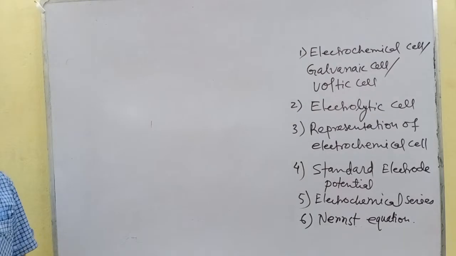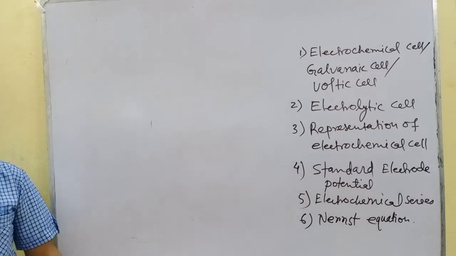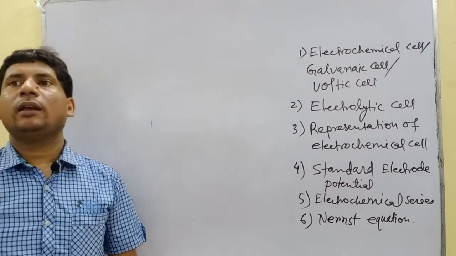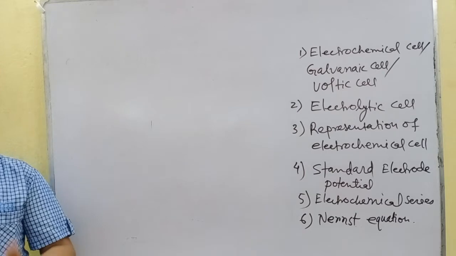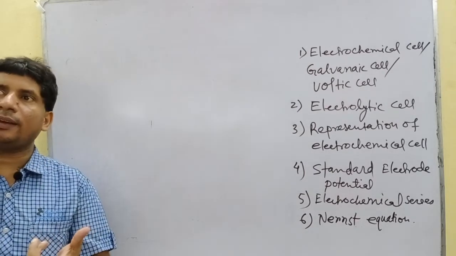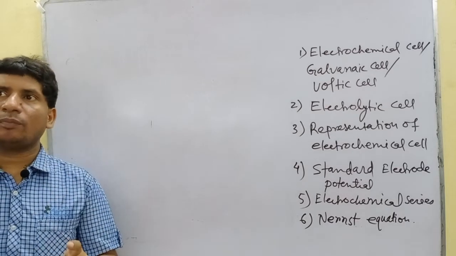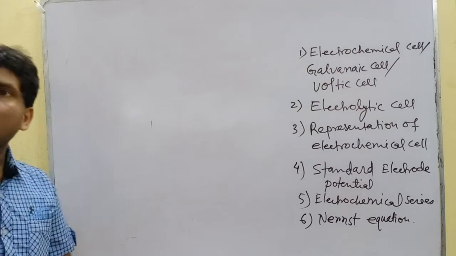Now what happened? Standard electrode potential. What is the standard electrode potential? If the concentration of ions is unity, at 25 degree centigrade and the pressure is 1 atm, then the electrode potential is known as standard electrode potential.